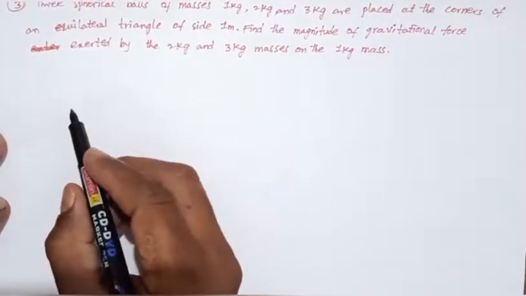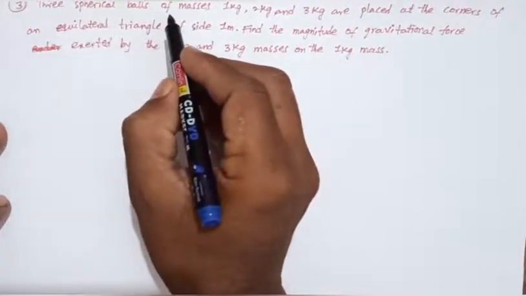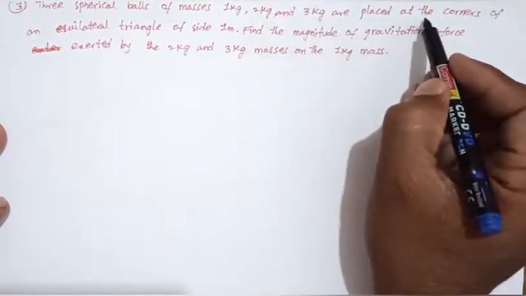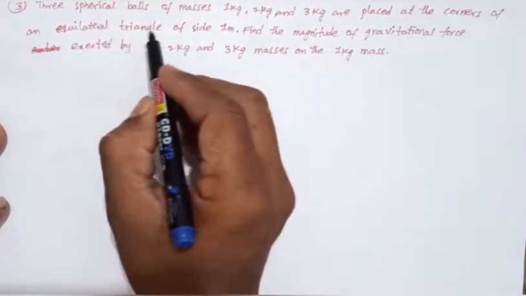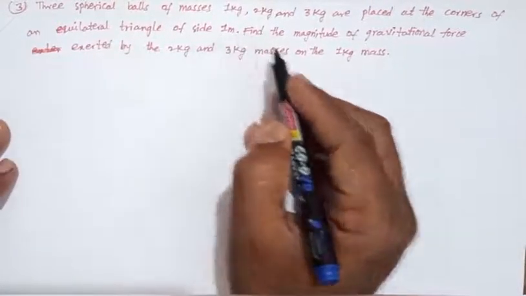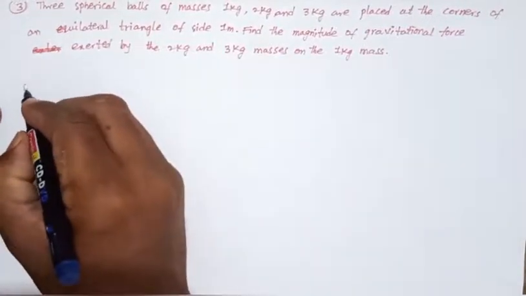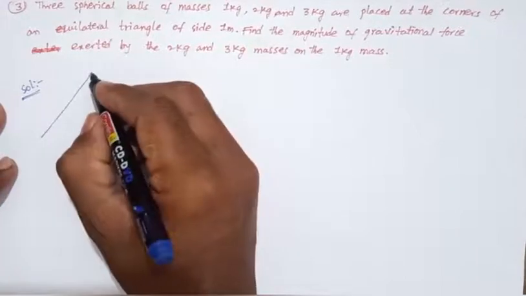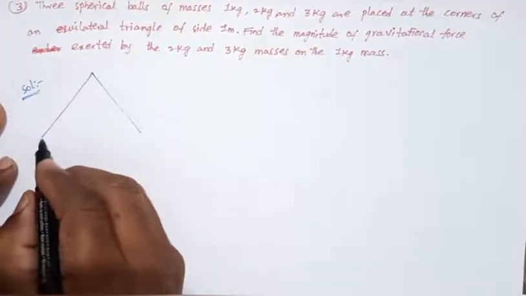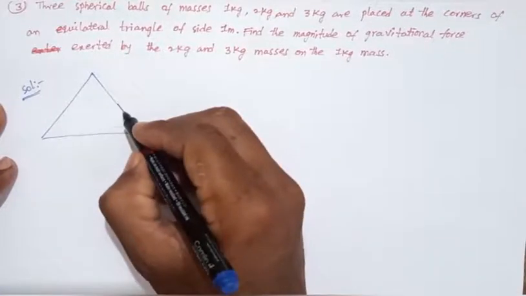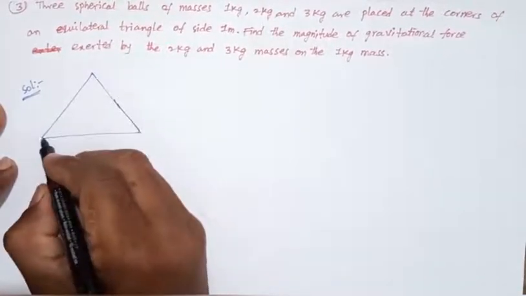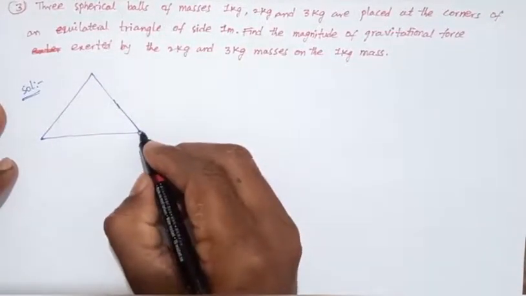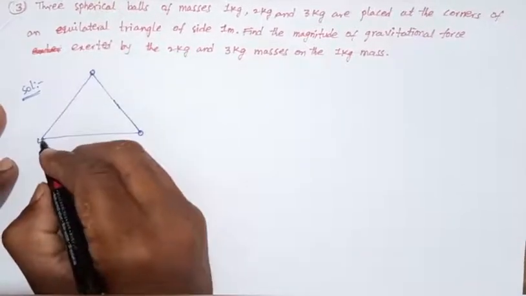Okay, next, third problem. Three spherical balls of masses 1 kilogram, 2 kilograms and 3 kilograms are placed at the corners of an equilateral triangle of side 1 meter. So we consider an equilateral triangle with three spherical balls at its 3 corners.